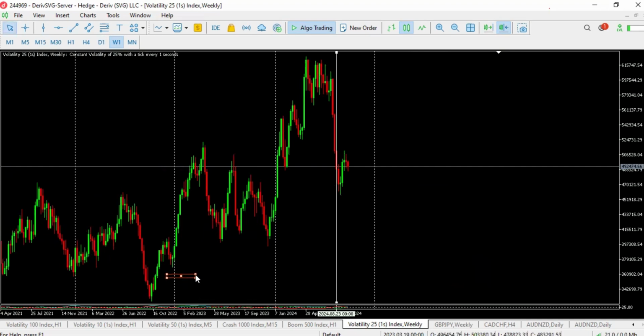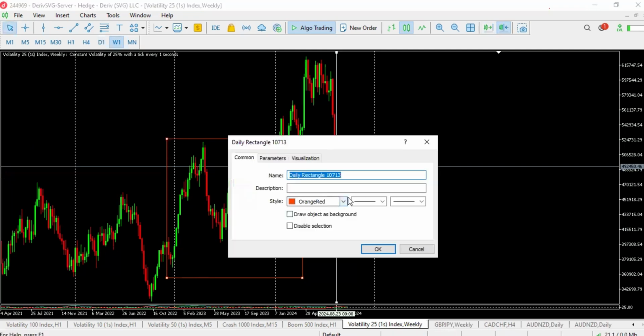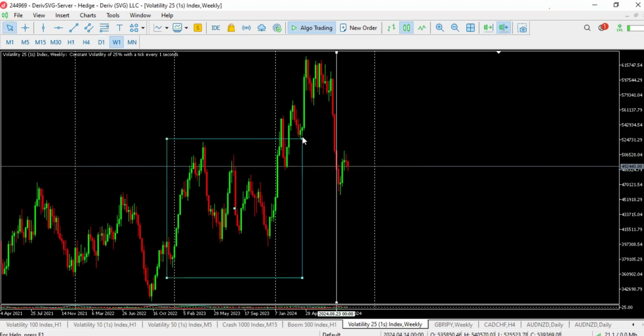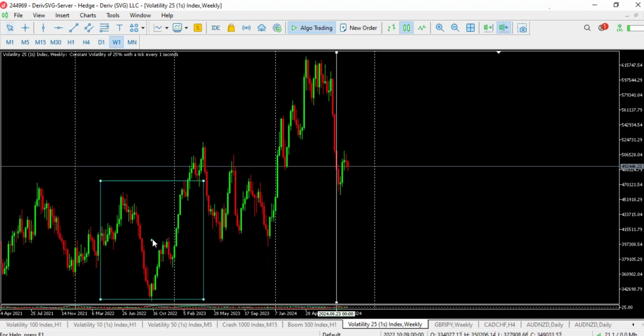Remember what I told you. I said every time, at every point in time, we have three pushes. So I'm going to use this to mark the weekly chart. This is the first weekly rise, the first weekly impulse.